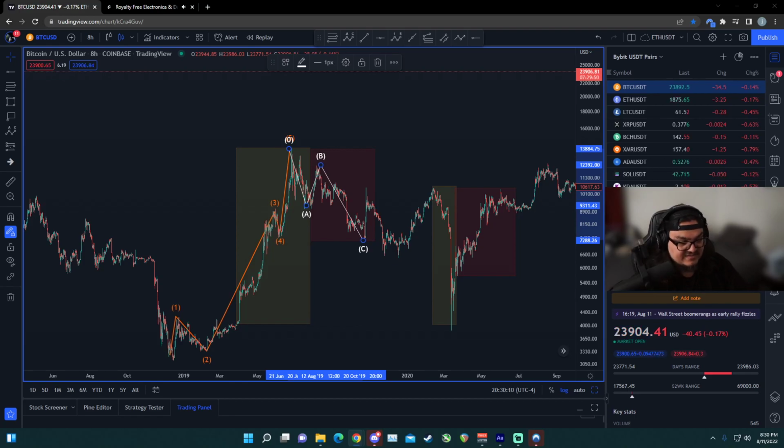I'm going to find it here in a second. It's a case for modification. Case for modification. Wait for it to pop up. Of R.N. Elliott wave theory.